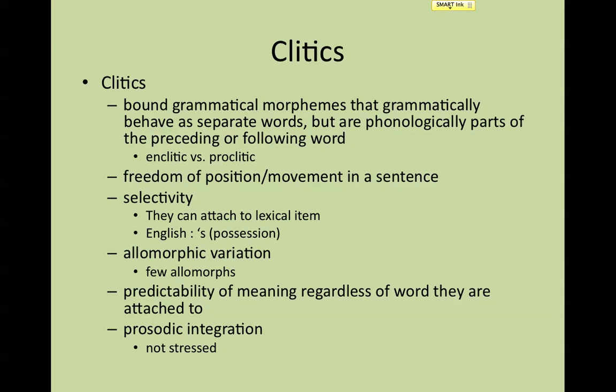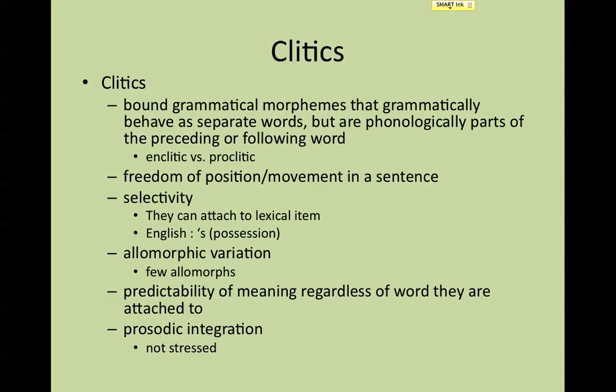For example, let's stick with the example of the apostrophe s and say the dog's bone. You can't put stress or use intonation with these clitics. So you can't stress the possession.